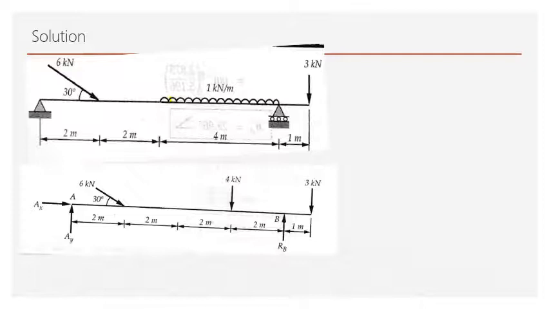One reaction at the roller support RB, that is vertical, perpendicular to the line of contact. Line of contact is horizontal, so the reaction would be vertical. And the 6 kilonewton inclined force, of course, we have to resolve it into its components: 6 cos 30 acting towards right and 6 sin 30 downwards. And the point load at the free end.